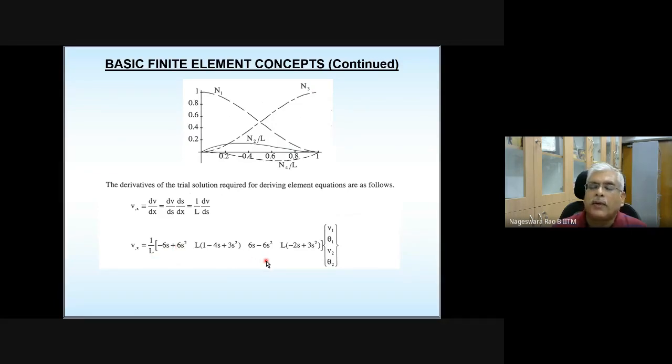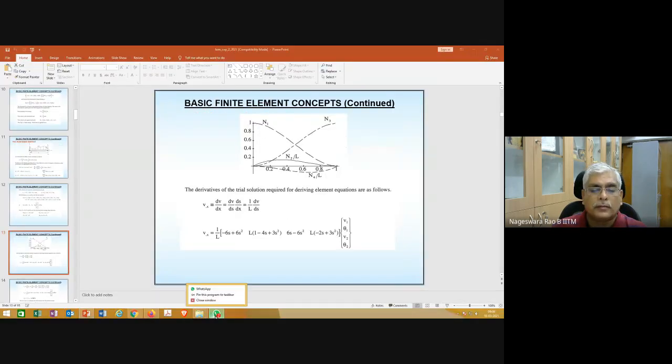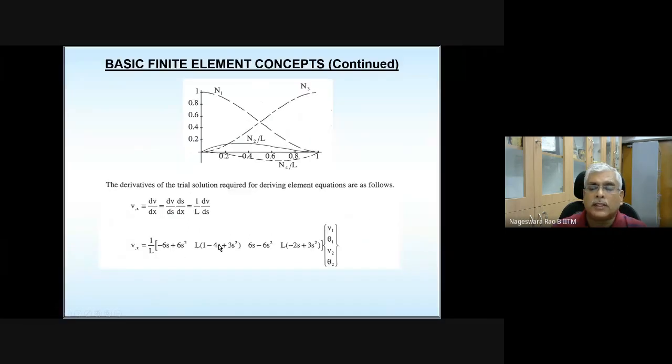But finally, your result is not going to be affected provided you do it properly. So this is the first derivative of V with respect to X.